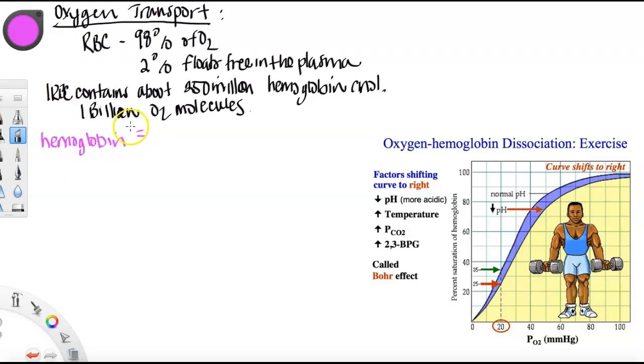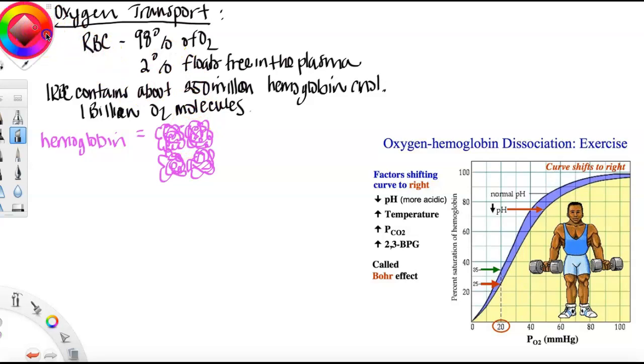So let's review here. A hemoglobin is basically 4 tertiary proteins linked together. Inside these proteins is this thing called the heme molecule.